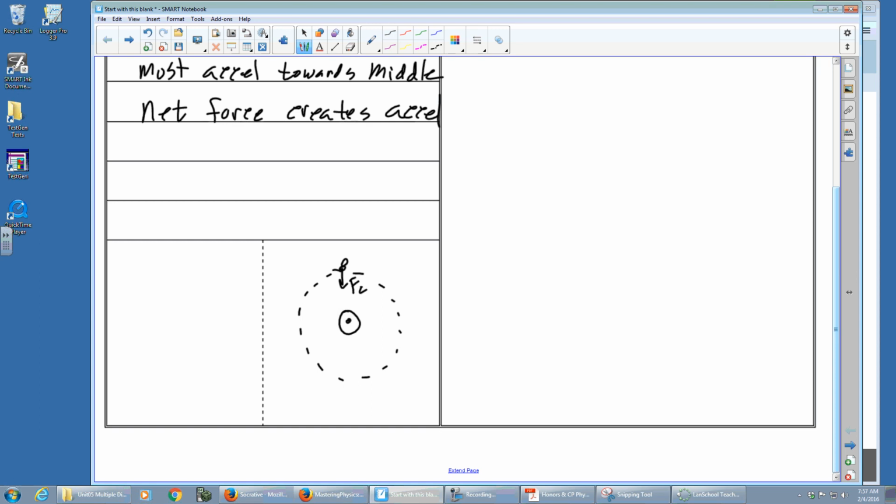That's actually going to be a centripetal force, right? Remember, centripetal just means pointing towards the center. What force would naturally be on that satellite that would be pointing towards the center of that circle? Gravity. So the force is gravity.